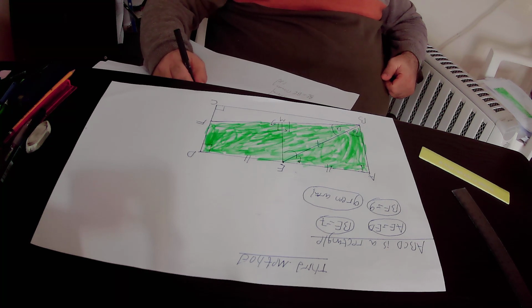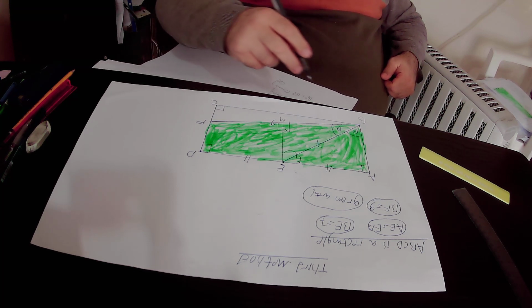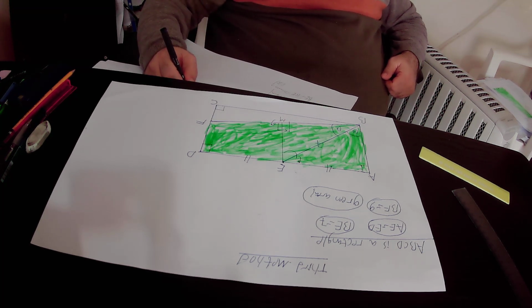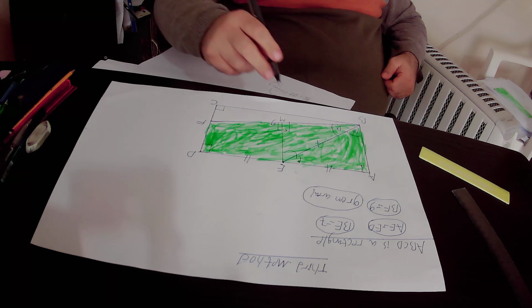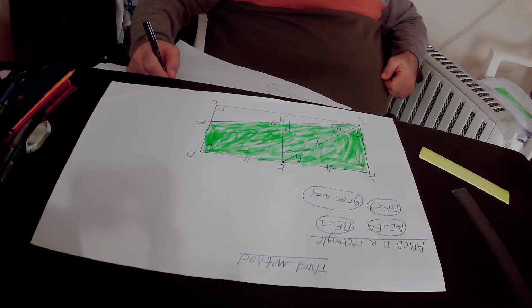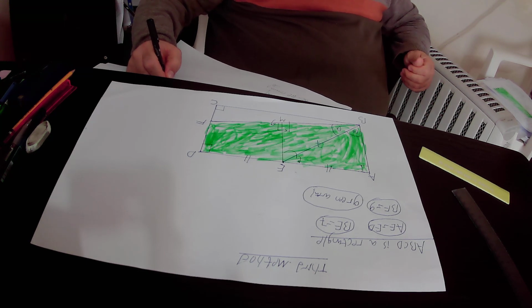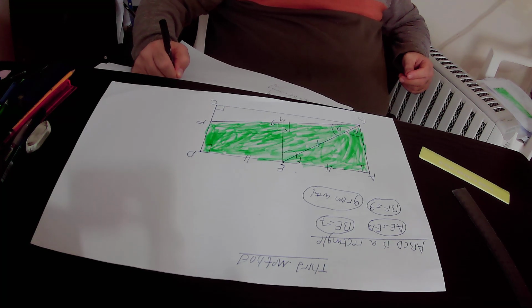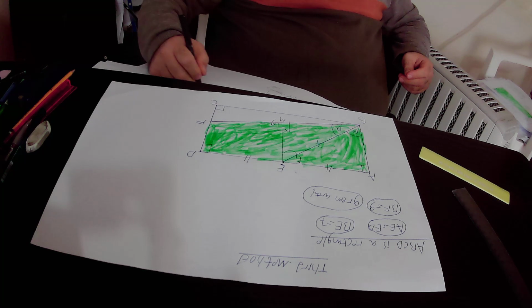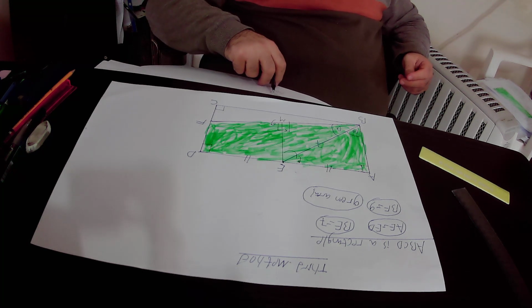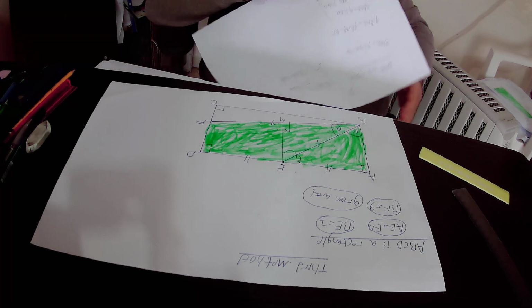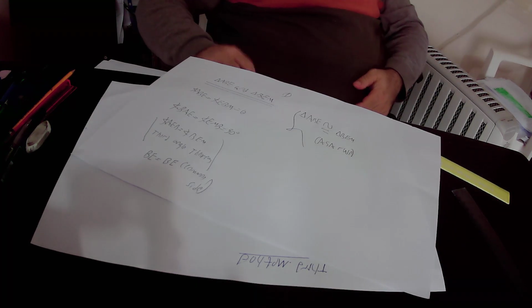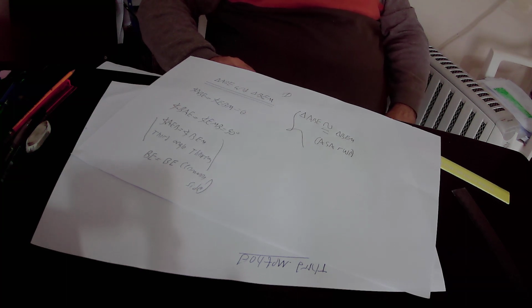So actually triangle ABE is congruent to triangle BEM according to the angle side angle rule.